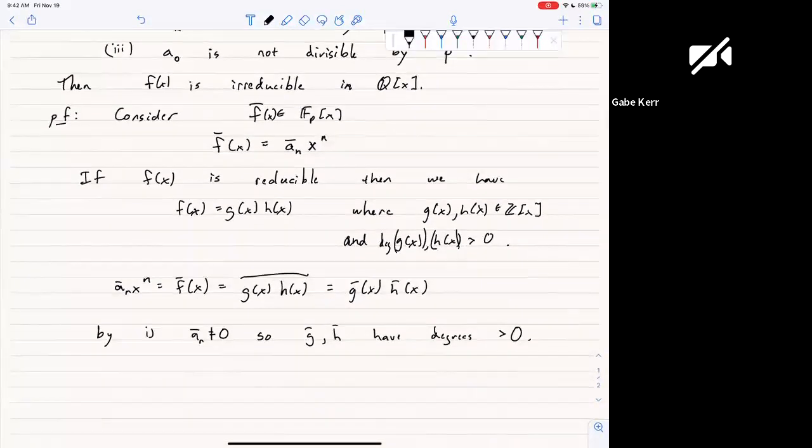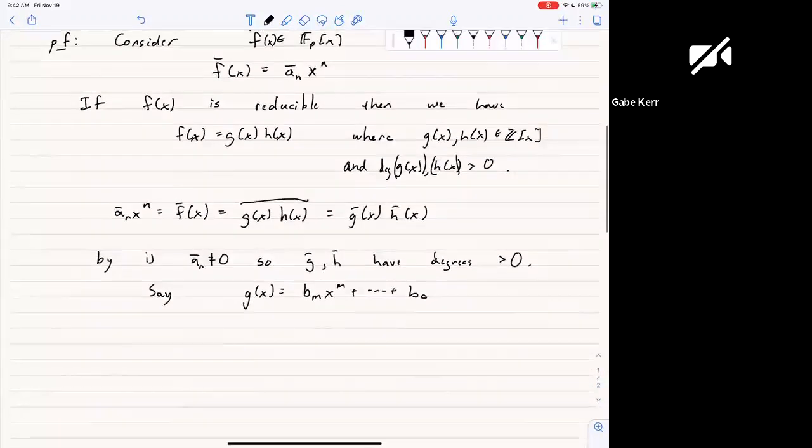Well, say G of x is equal to b_m x^m plus up to b_0, and H of x equals c_{n-m} x^{n-m} up to c_0, because the degrees add up to n. What can you tell me now? Now that I've given a little notation, what can you say?